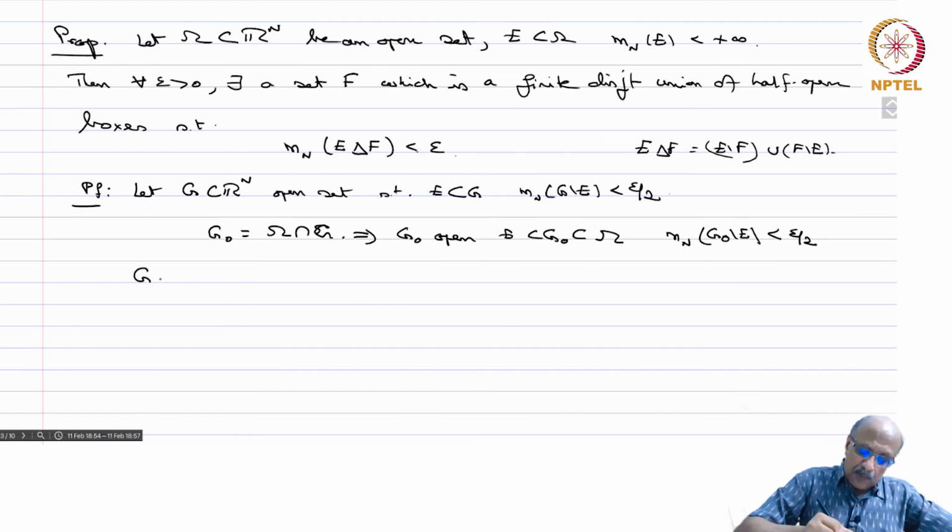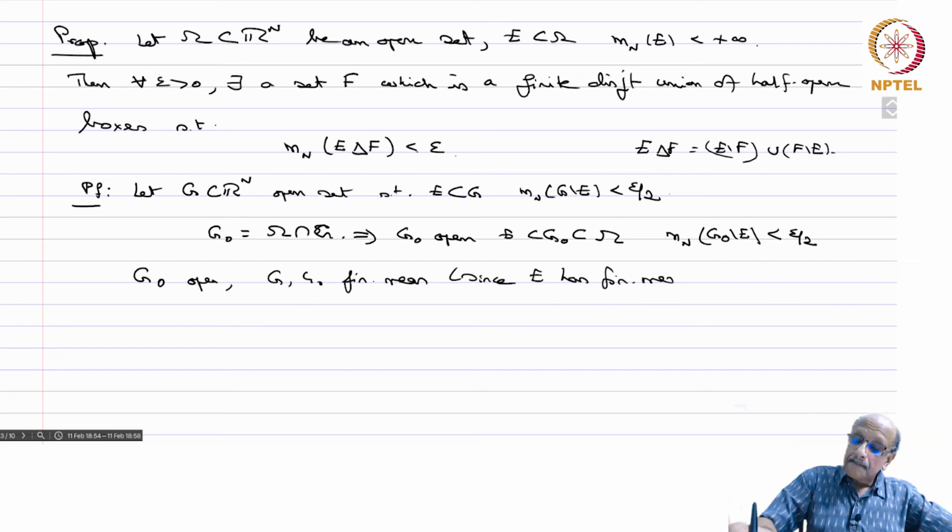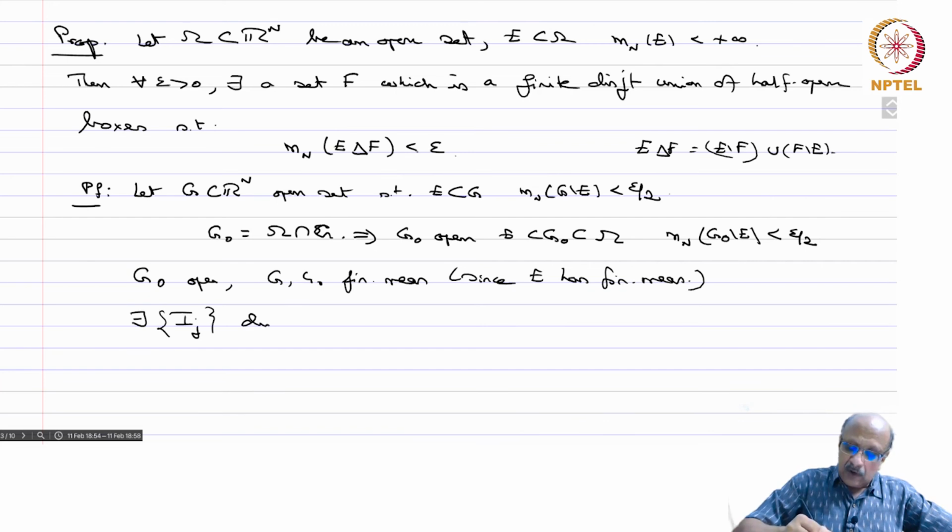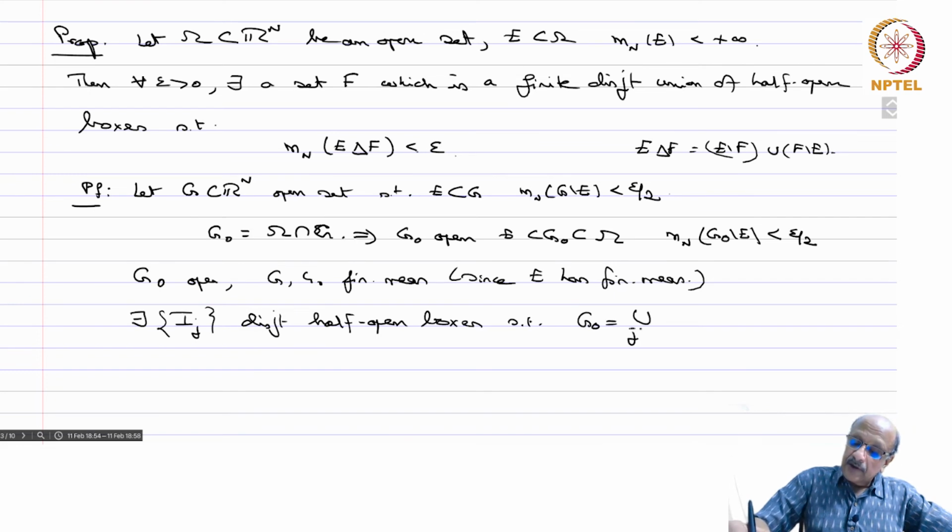Now G0 is open, and G0 has finite measure since E has finite measure. So there exist Ij disjoint half open boxes such that G0 equals union j equals 1 to infinity Ij.